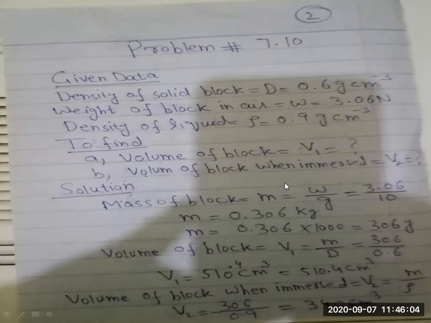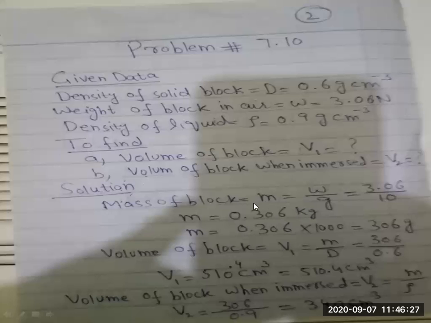But how will I find the mass? By using the formula W is equal to mg. From that formula, I separate out mass, and mass will be W by g. So W is 3.06 and g is 10. If you divide 3.06 by 10, you will get 0.306 kilogram.